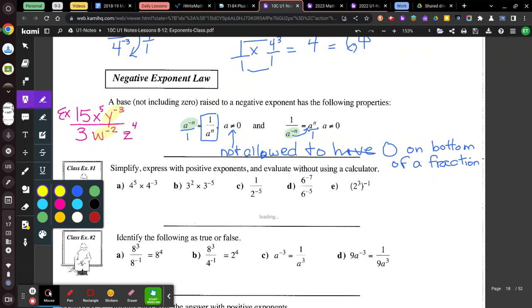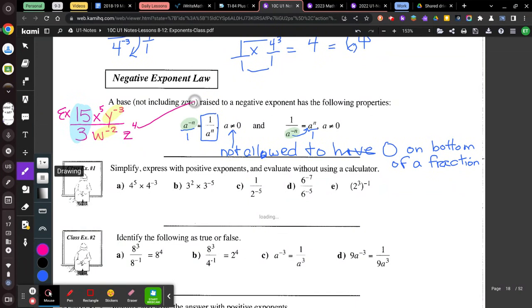Okay? And because you've got digits, coefficients in front, you have a 15 and a 3. Those will divide. You're going to simplify those. So if I were to do this question, you also have to simplify just the digits. So this question is going to look like this as a simplified answer. It's going to still be in a fraction because you've got some that are positive on the top and some that are positive on the bottom.